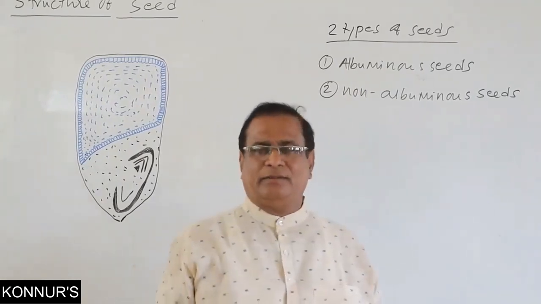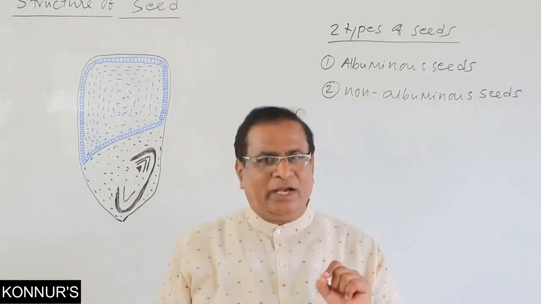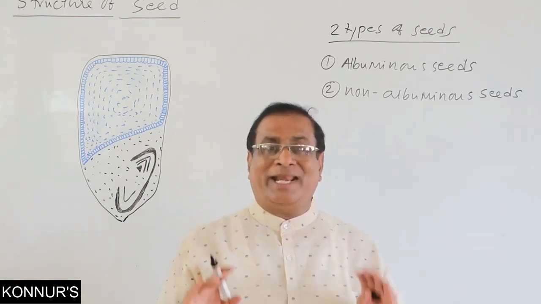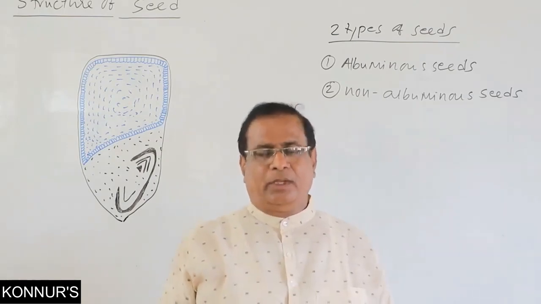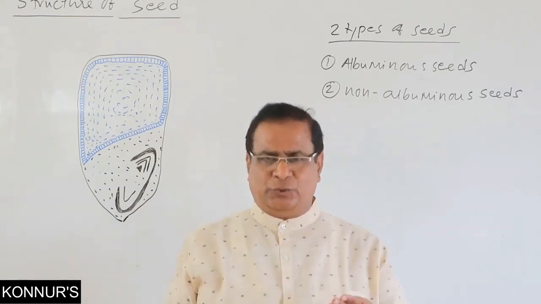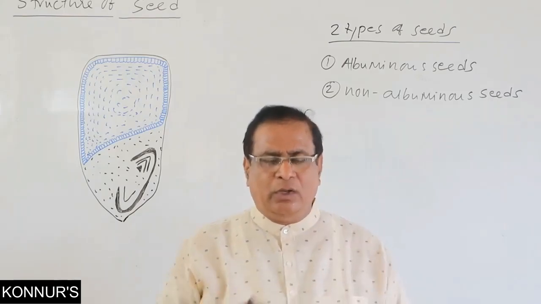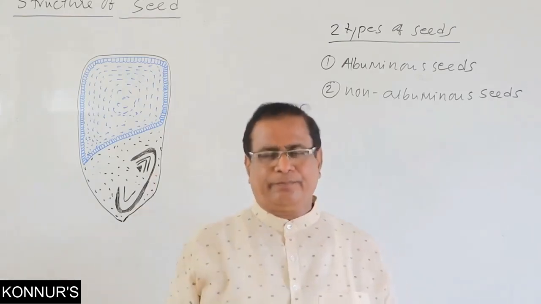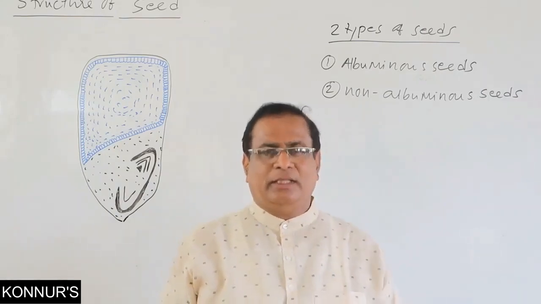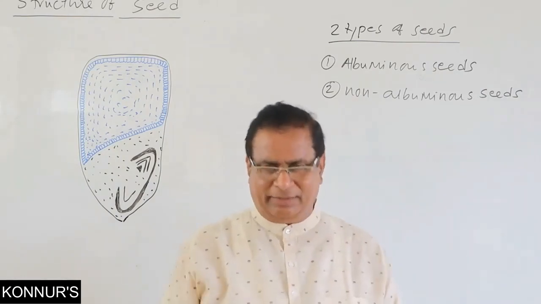Albuminous seeds are the seeds in which the endosperm is persistent or retained. Already you know that endosperm is a nourishing tissue, a triploid tissue. It provides food to the growing embryo. But in some seeds, the endosperm remains persistently.